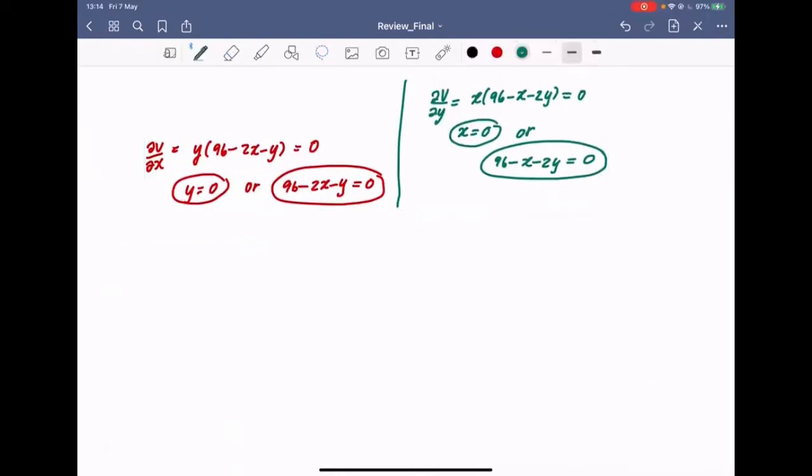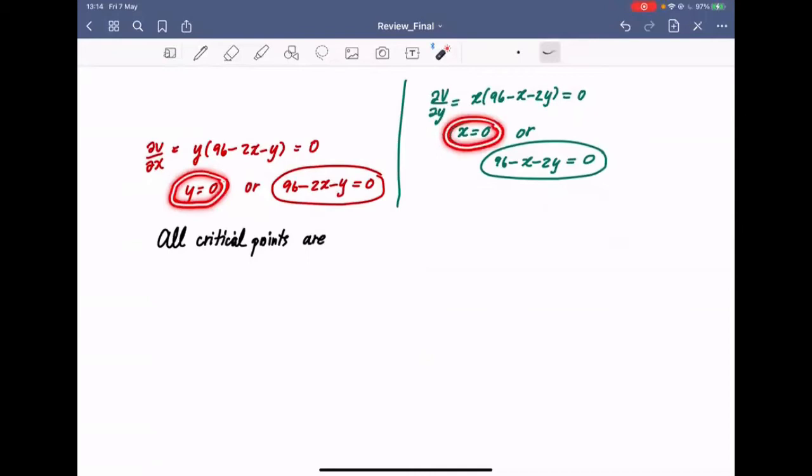So then you can conclude that all critical points are, the first one is when y equal to 0, x equal to 0. So the first critical point is (0, 0). Well, the second one is when y equal to 0 and 96 minus x minus 2y equal to 0.